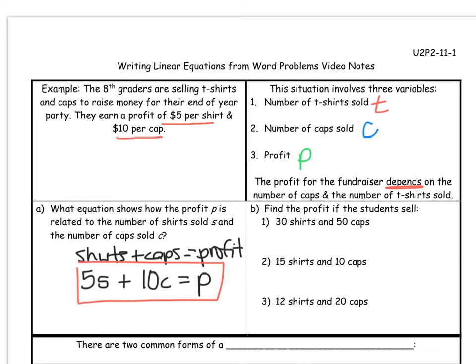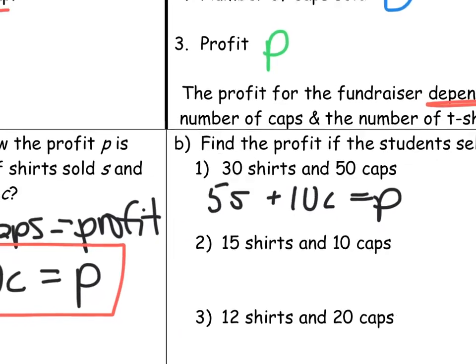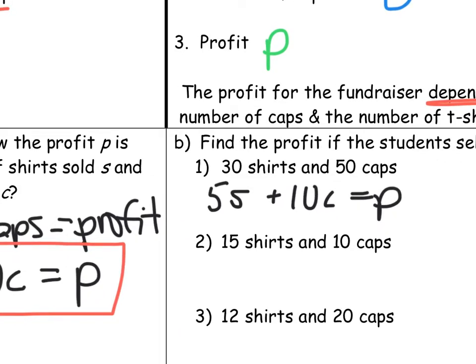So if we use our equation 5S plus 10C equals P, and then just plug in what we know, that we sold 30 shirts and we sold 50 caps, that will give us our profit. And we work that whole thing out by selling 30 shirts and 50 caps. We get a profit of $650.